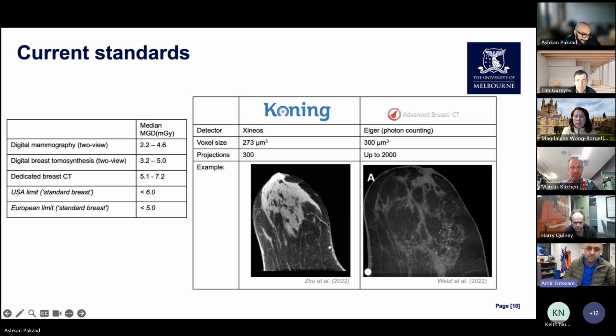And later you show that they go down by 100 or even 70. So do you have any insight into what the lowest number of projections could be while still maintaining sufficient quality for the reconstruction for segmentation purposes?